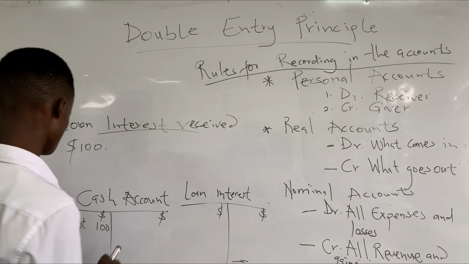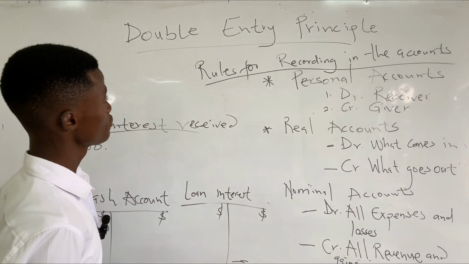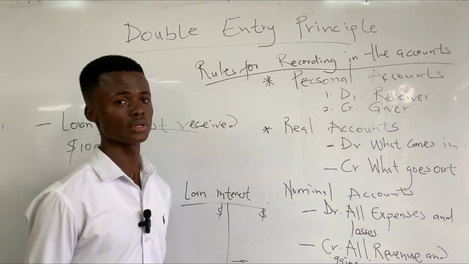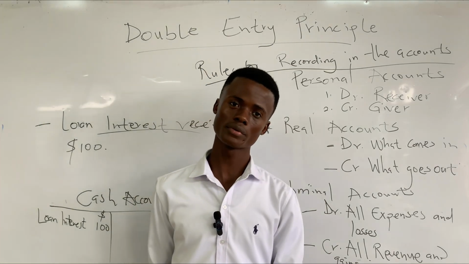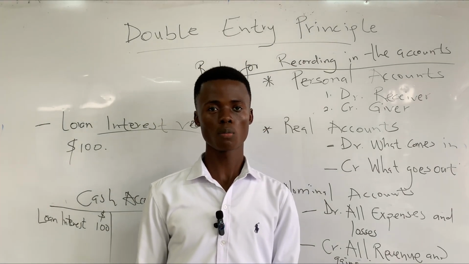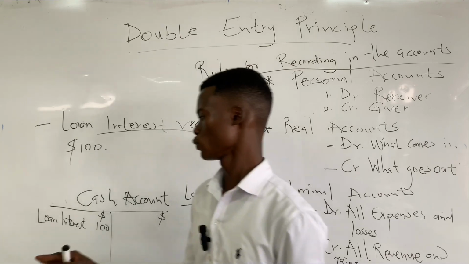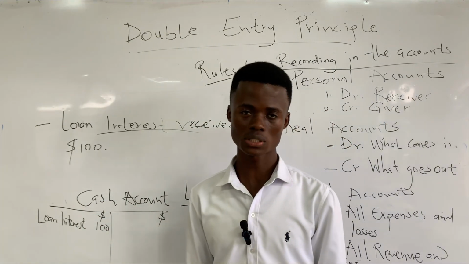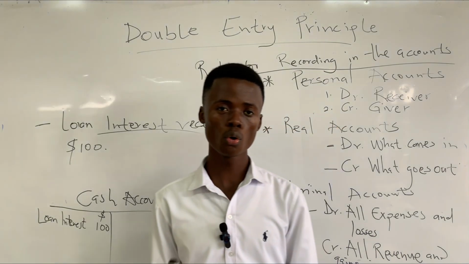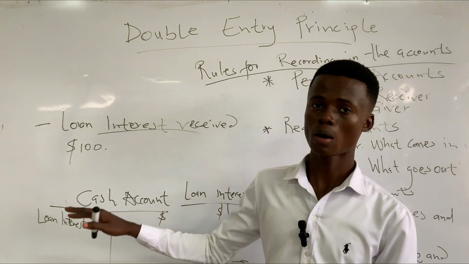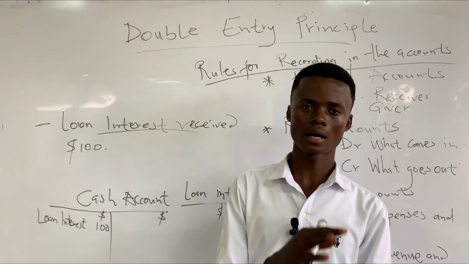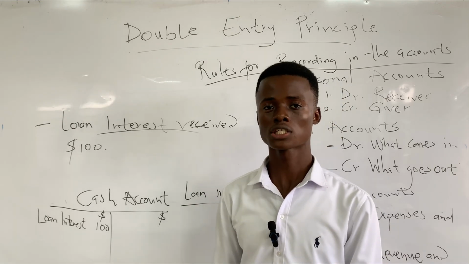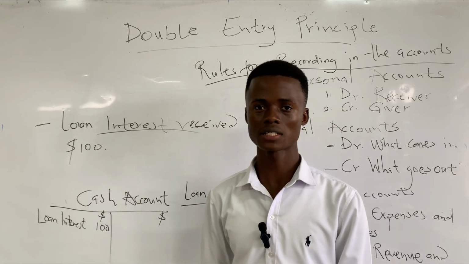After debiting the cash account, the double entry principle says that every debit entry should have a corresponding credit entry. There cannot be a double debit, that is, you debit a cash account and then you debit a loan account. It is impossible. So the moment you know one perspective, the other account should be the inverse of what you've recorded in the first account.